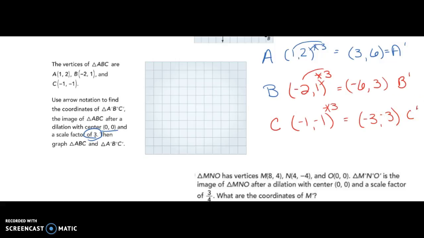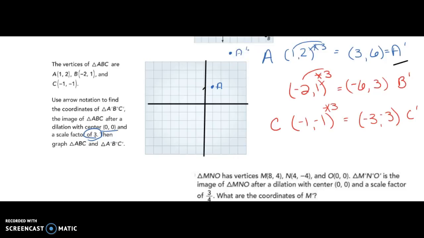Then it says go ahead and use this, and let's get it graphed. Okay, so A was at (1, 2), so over 1 up 2, that was A. And then A prime is over 3 and up 6. 1, 2, 3, 4, 5. Oh, that's slightly off my graph. 6, that's A prime.